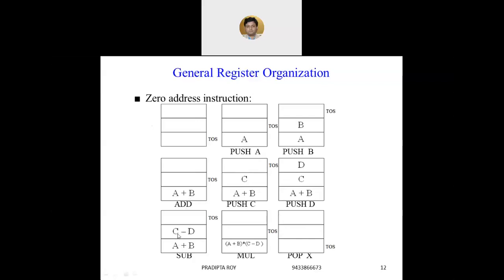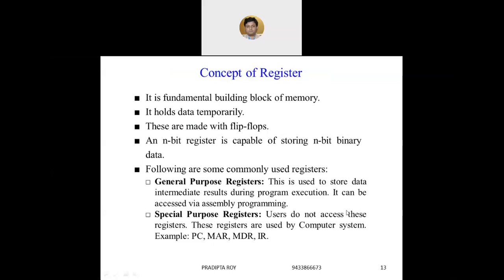Then C and D are pushed into the stack. The subtraction operation is carried out between C and D, and the result is stored back into the stack. Then ultimately the final operation is carried out. Next, when the result is popped from the stack, the stack will become empty.